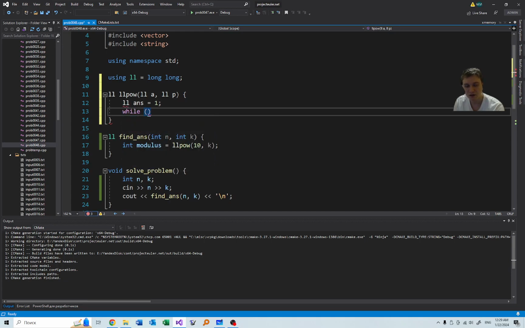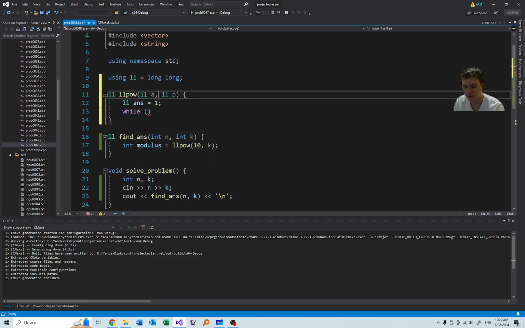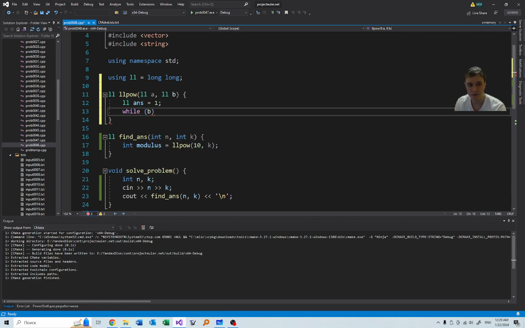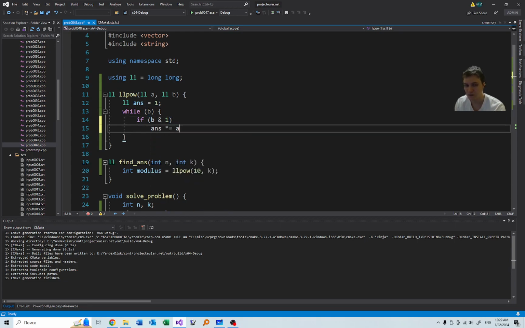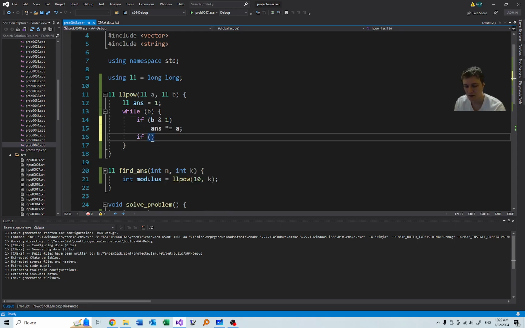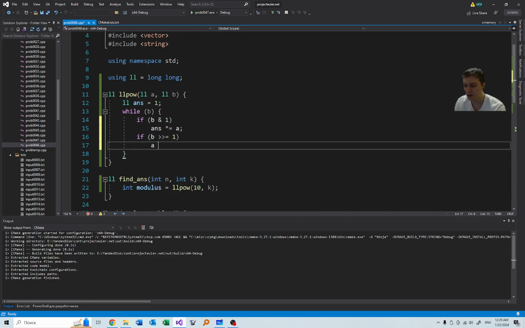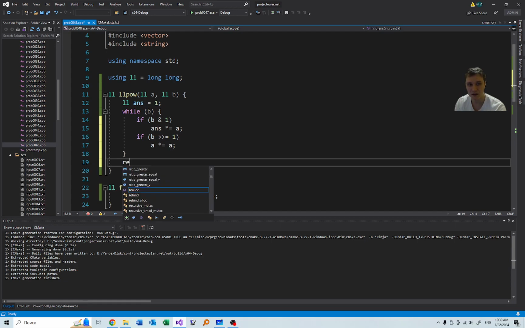So while b, if b and 1, then answer times equals a, and if b is big, then a times equals a, and then return answer.